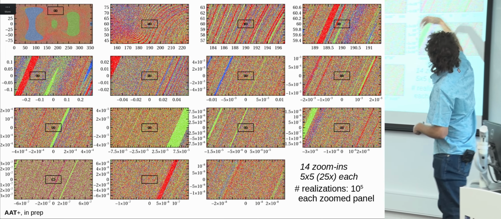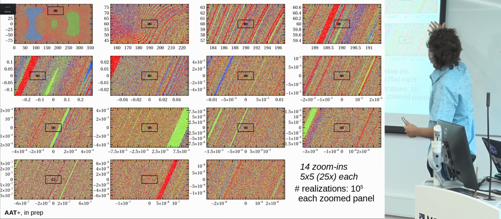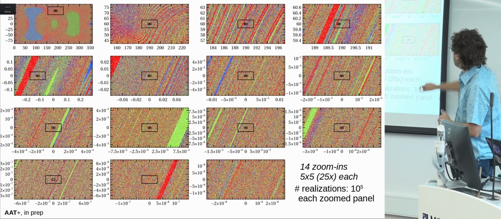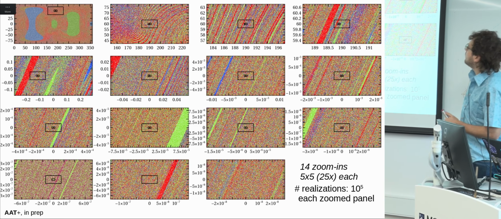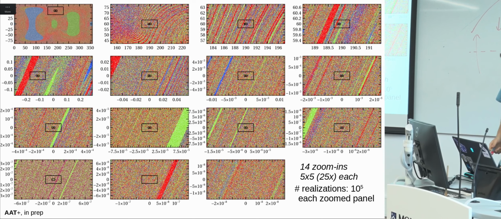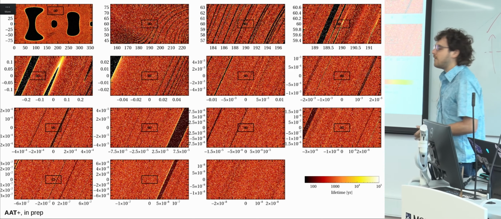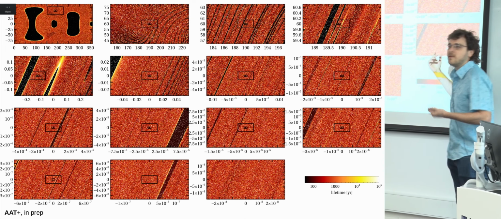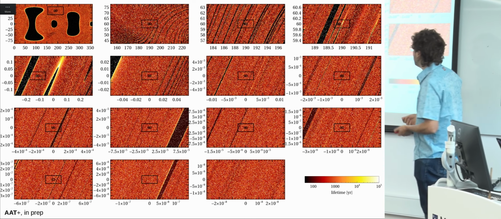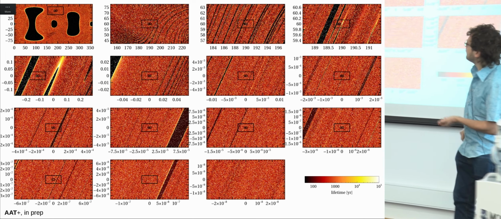What you see is that as we zoom in, we keep seeing the same kind of regular structures. In this case, there are these regular strips. And of course, if we just measure the lifetime of the system, we see the same exact correlation that we've seen in the big plot there.